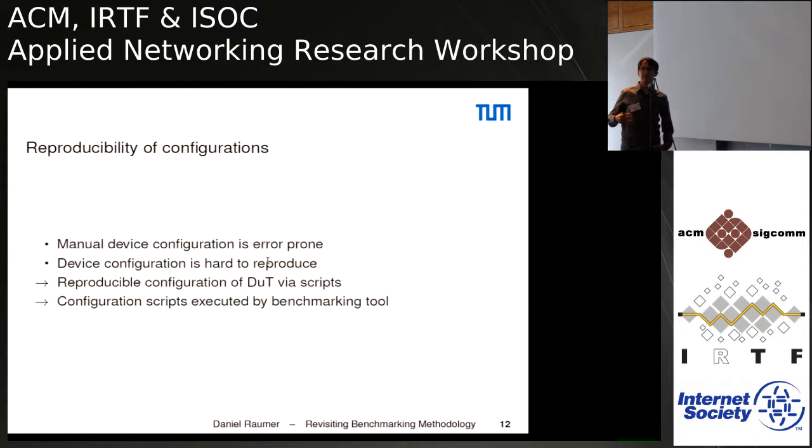With more software in a system, there's more complexity and more chances to change any configuration. And if that configuration is not documented, it's hard to reproduce a result. The main reason is that device configuration is often done manually, and that is error-prone and less documented.